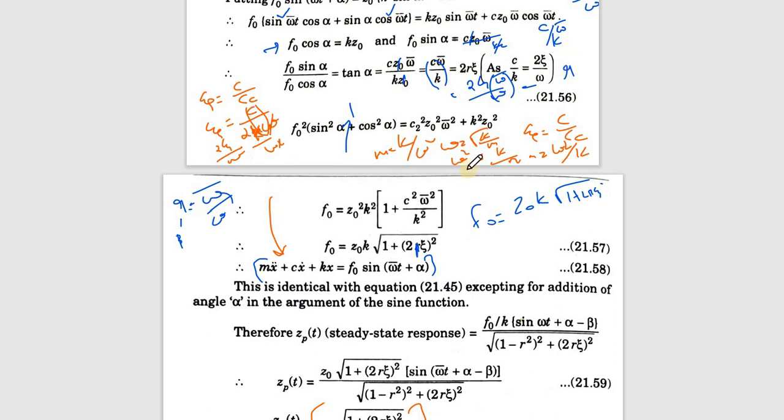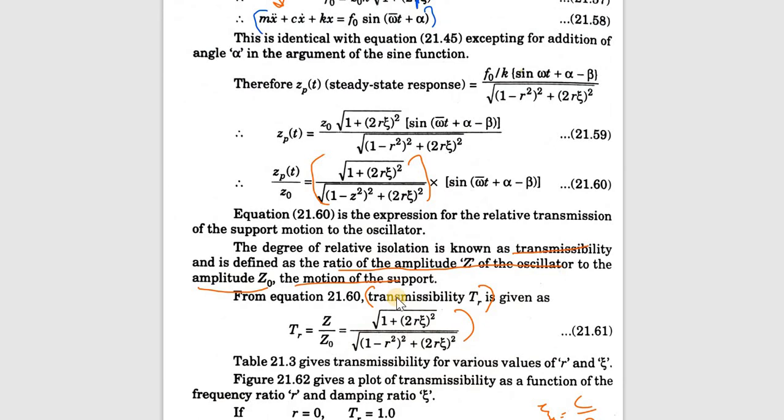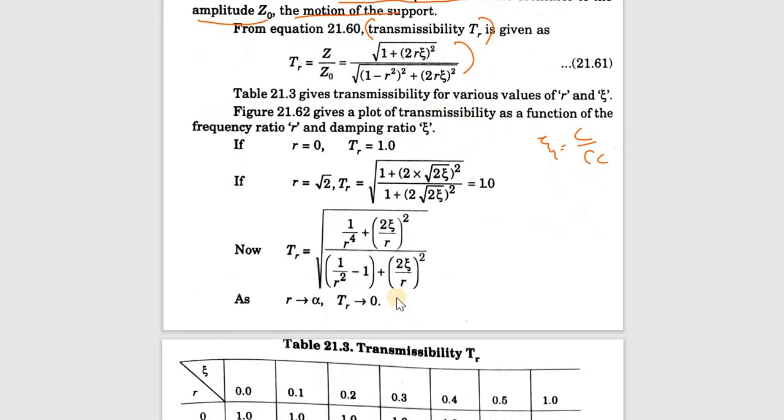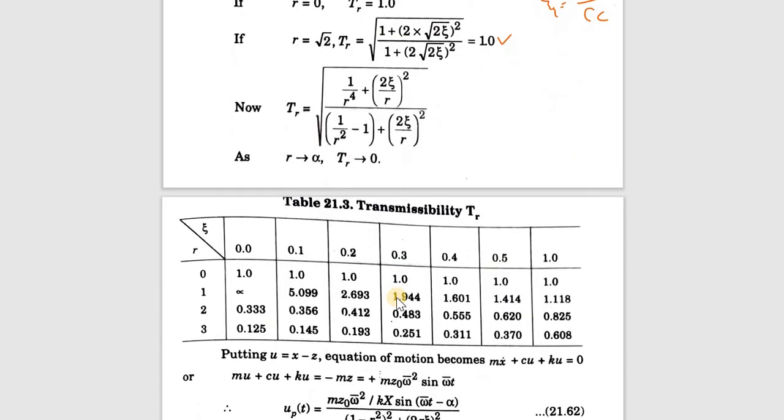So this ratio is known as the transmissibility ratio, and here we have many conditions. If R is equal to 0, TR is equal to 1. If R is equal to root 2, then TR is again equal to 1. If R is equal to infinity, then TR is equal to 0. Likewise, for each value of R and theta, the transmissibility will vary.